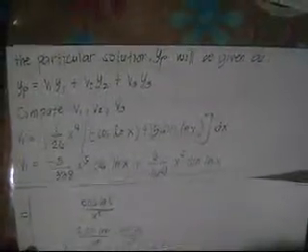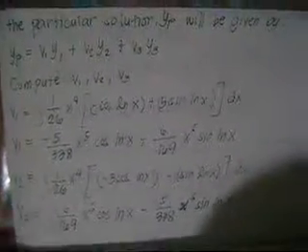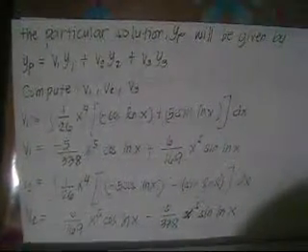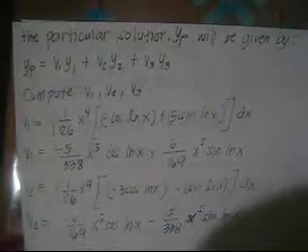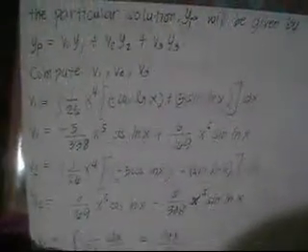The value of v1 is equivalent to negative 5 over 338 x to the 5th cos(ln x) plus 6 over 169 x to the 5th sin(ln x), while v2 is equal to negative 6 over 169 x to the 5th cos(ln x) minus 5 over 338 x to the 5th sin(ln x). Last is v3, whose value is equivalent to ln x over 26.